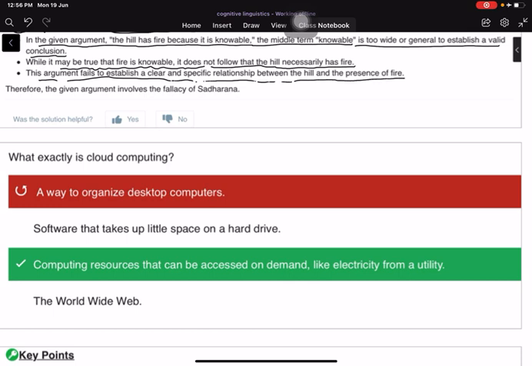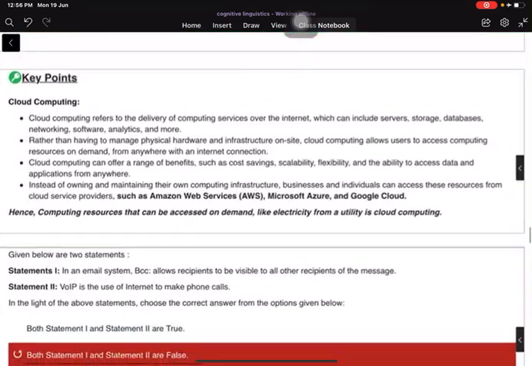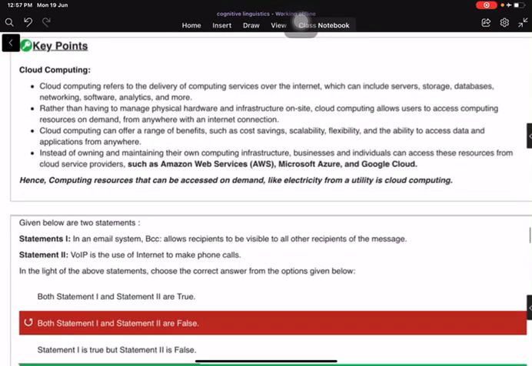Now, what exactly is cloud computing? Cloud computing resources that can be accessed on demand, like electricity from a utility. Cloud computing refers to the delivery of computing services over the internet, which can include servers, storage, databases, networking, software, analytics, and more.